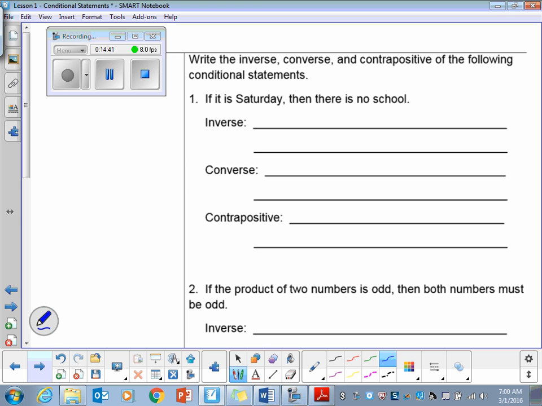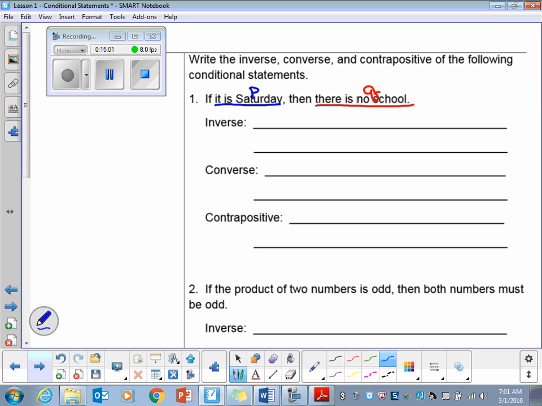All right, write the inverse, converse, and contrapositive of the following conditional statements. If it is Saturday, that's my hypothesis, P, then there is no school, that's my conclusion, Q. Now the inverse is the negation.